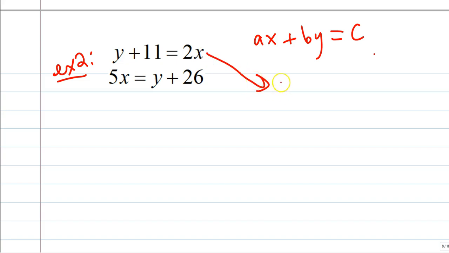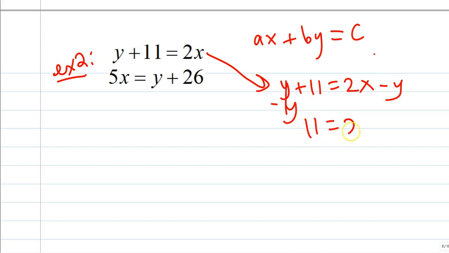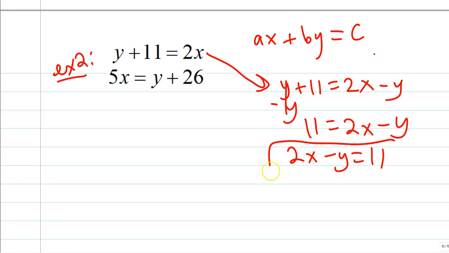So I'm going to take this y plus 11 and move the y over, and get 11 is equal to 2x minus y. That's in standard form. I could think of that as 2x minus y equals 11. Doesn't really matter, either is fine, but I want that in standard form.